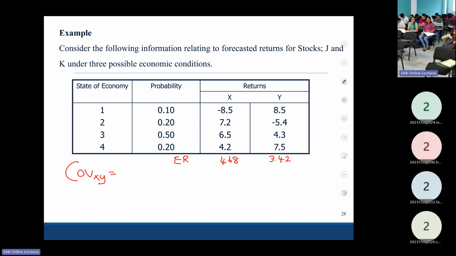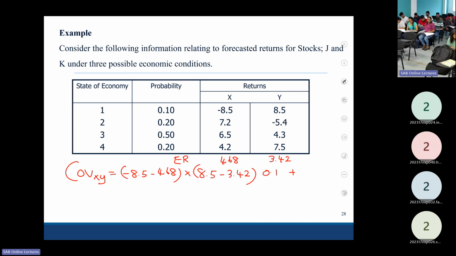Covariance is equal to the forecasted return of X under the state of economy 1, 8.5, minus its expected return 4.68, multiplied by the forecasted return of Y under the same state of economy, 8.5, minus its expected return 3.42, multiplied by the probability of the first state of economy, 0.1, plus.